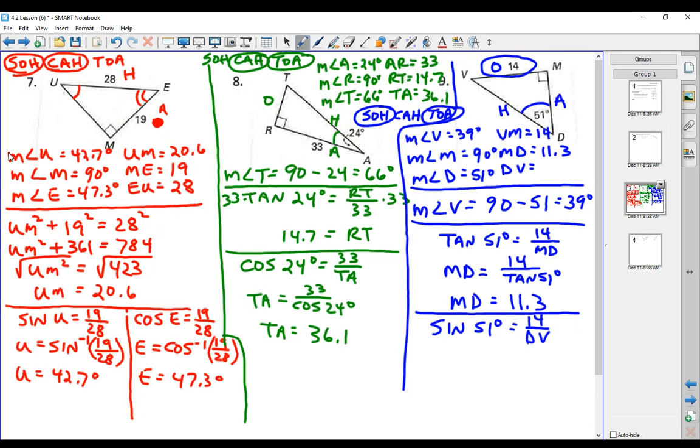We can do the flip-flop procedure on this again. So DV is equal to 14 over the sine of 51 degrees. And when I work that out on my calculator, I end up with DV being 18.0. So let's put that in our chart up here, and we have all 6 pieces of the triangle.